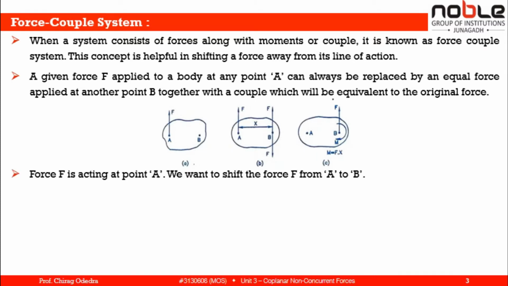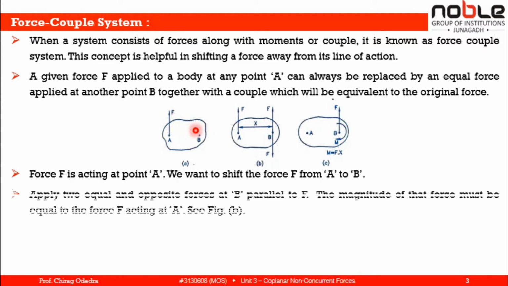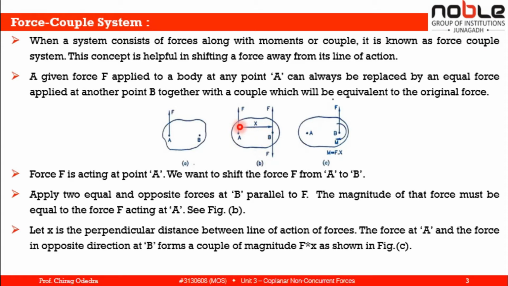Force F is acting at point A. Now we want to shift the force F from point A to point B. Apply two equal and opposite forces at B parallel to F. The magnitude of that force must be equal to the force acting at A. Let x be the perpendicular distance between the line of action of the forces.